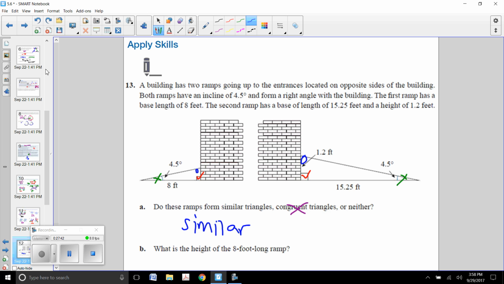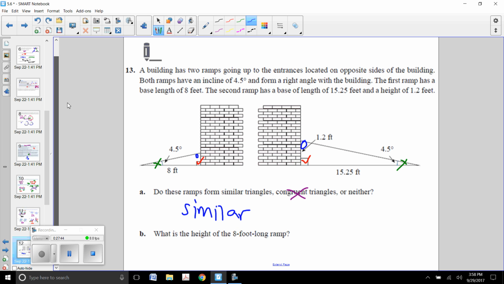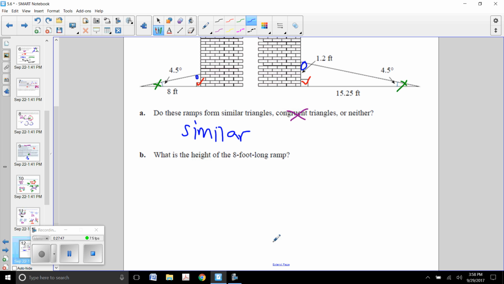And then it asks, what is the height of the 8-foot ramp? So we can use our idea of proportions to do that, to make sure that we're lining things up. So if we look at our 8-foot ramp, we need to know the height compared to the bottom of 8. And so that has to be the same as our height of our second ramp, which is 1.2, compared to its bottom of 15.25.